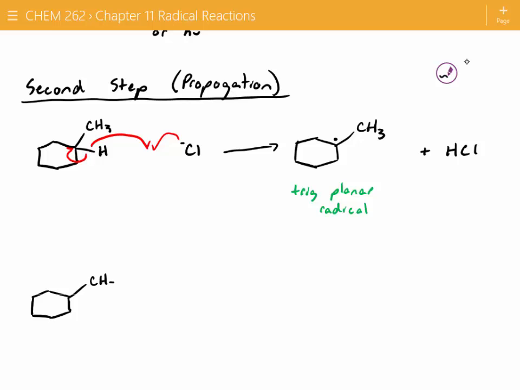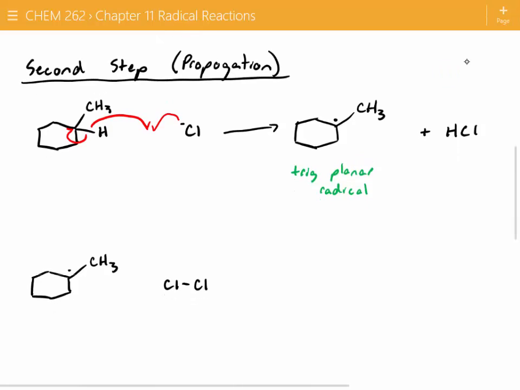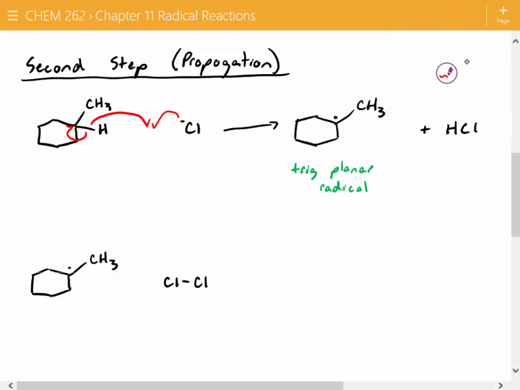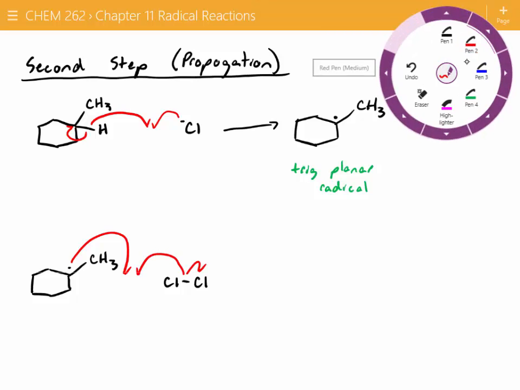So we've got CH3. And this time, we're going to have it react with elemental chlorine just to show that this is, in fact, a propagation. So this will be a halogen abstraction. And then the other electron gets kicked off onto the chlorine.